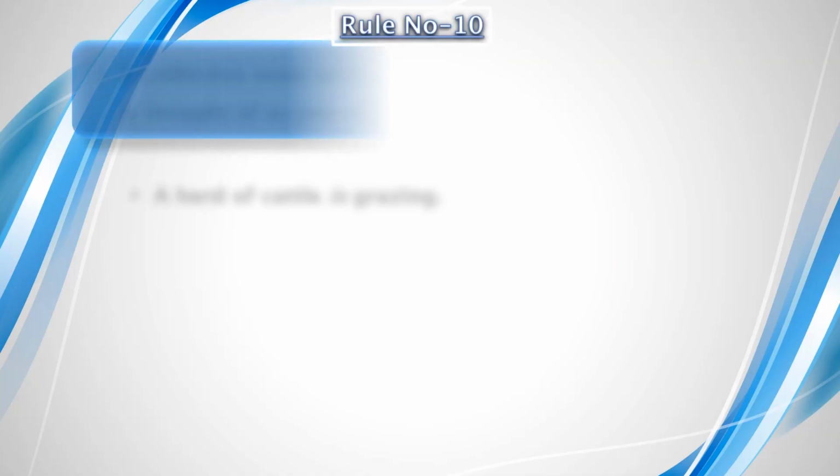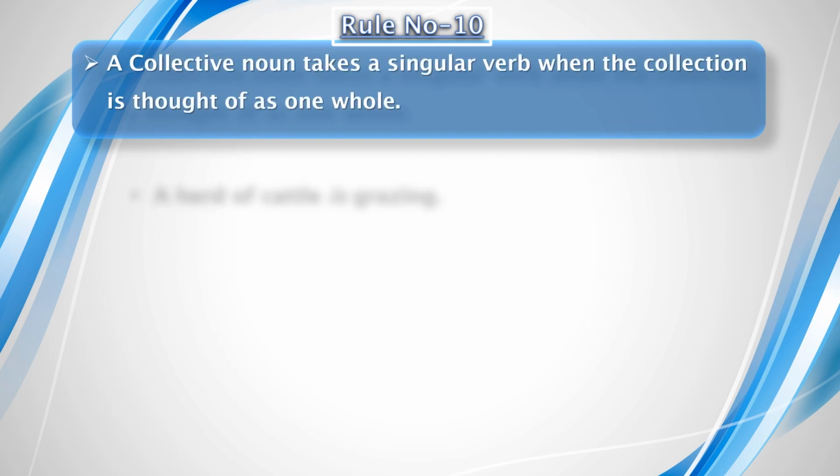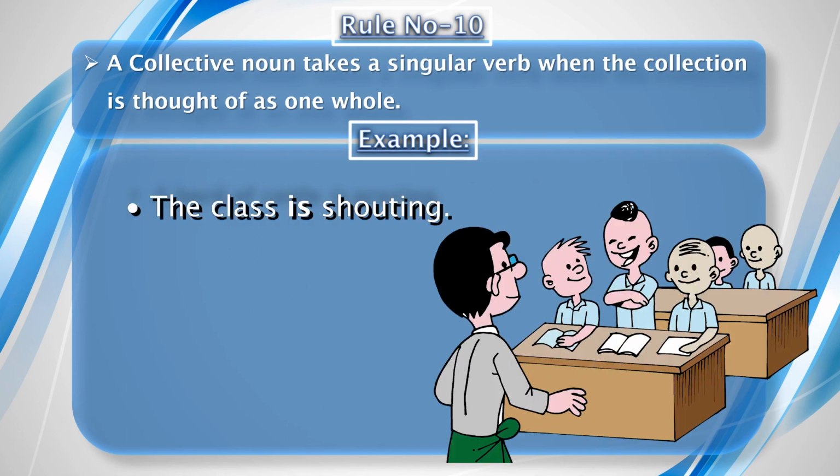Now there is another rule regarding the collective noun. You know, a collective noun takes a singular verb because it is a collection of a whole. Suppose, the class is shouting, because it is a collective noun. It is a singular noun when the collection is thought of as a whole.